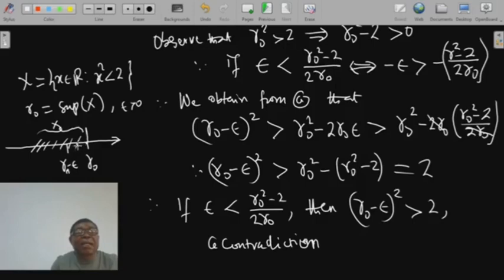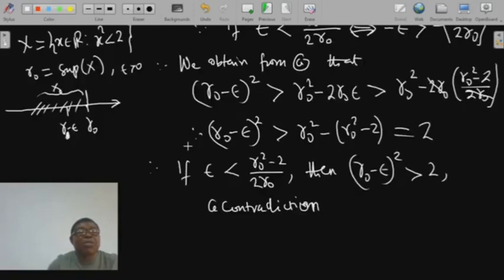You remember that characterization says that gamma naught minus epsilon is no longer an upper bound. And in that particular case, it means that there is a certain element of the set x that lies between gamma naught and gamma naught minus epsilon, in the sense that gamma naught minus epsilon will be less than x epsilon less than or equal to gamma naught. This is from one of the characterizations of the supremum of a set.